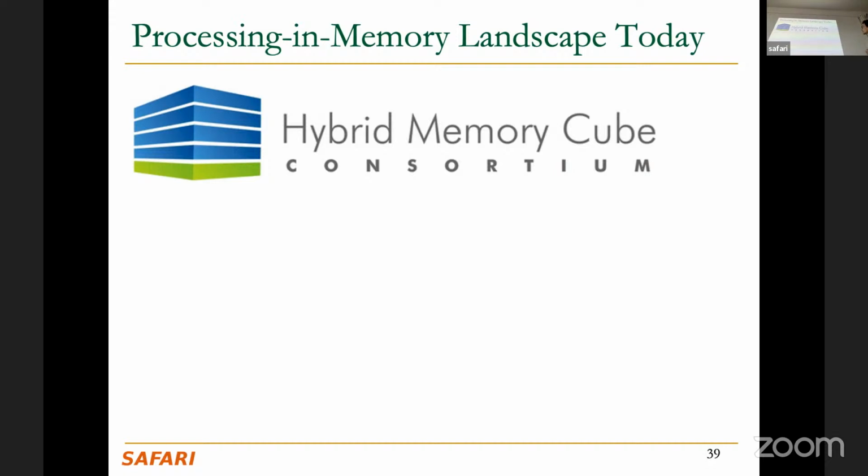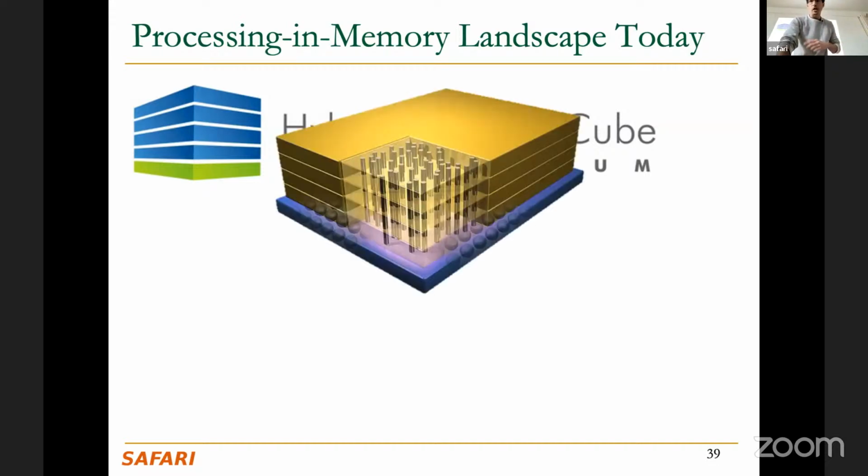One interesting example are 3D-stacked memories, such as, for example, the Hybrid Memory Cube or the High Bandwidth Memory, HBM, that you can find in many GPUs these days, and also FPGAs and other accelerators as well.